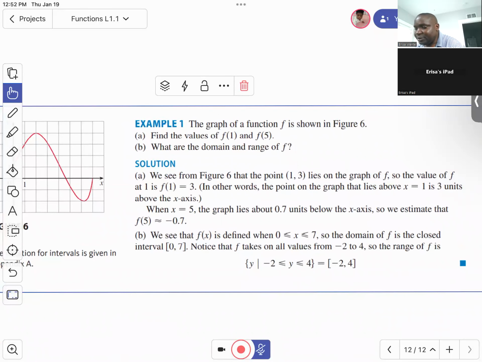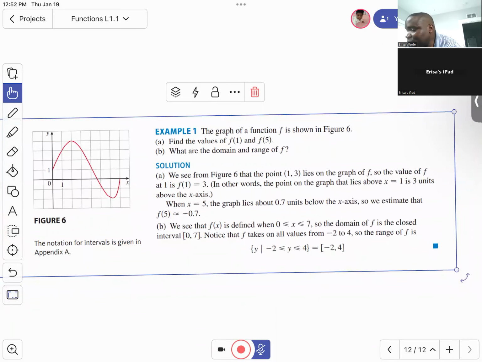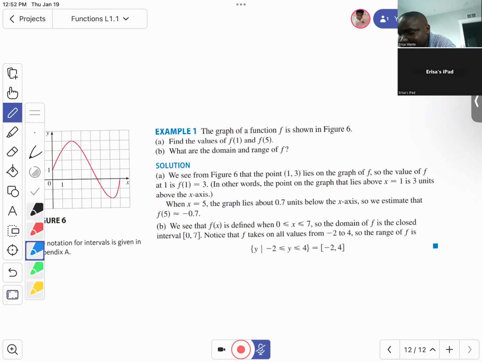So the domain of the function is a set of the x values, and you can see this function starts with x equal to 0, and it goes all the way up to x equal to 7.